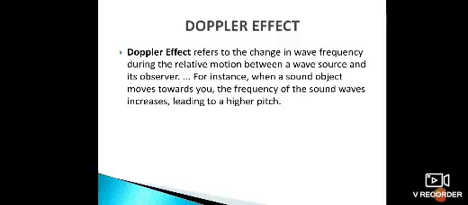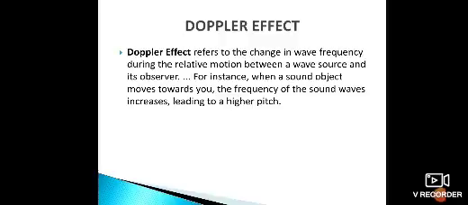So what does the Doppler effect mean? Whenever we have a source and a destination, that is, a transmitter, it transmits radio waves with a certain frequency. Whenever we receive signals at the receiver, they do not have the same frequency.